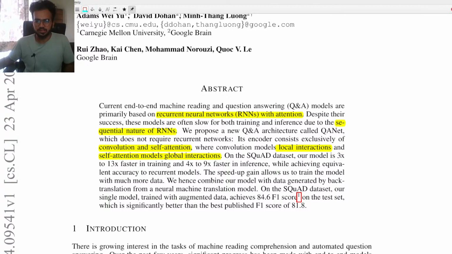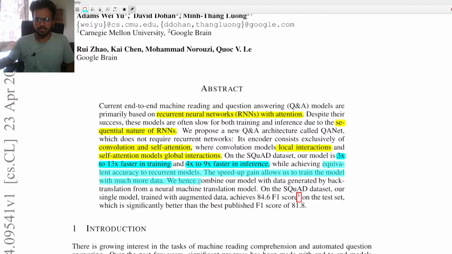So on the SQuAD data set, we'll see the fascinating results that they get. Our model is 3 times to 13 times faster in training and 4 times to 9 times faster in inference, and these are manifold speed improvements for training as well as inference, while achieving equivalent accuracy to recurrent models.